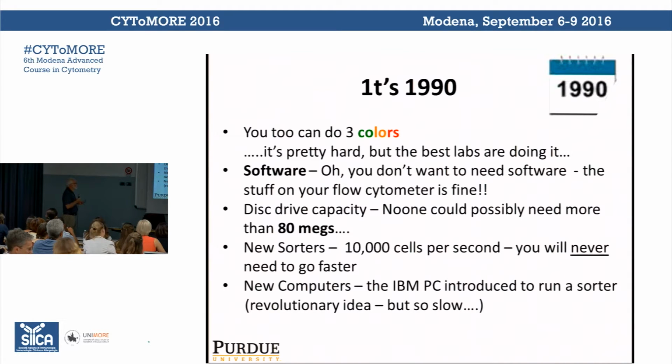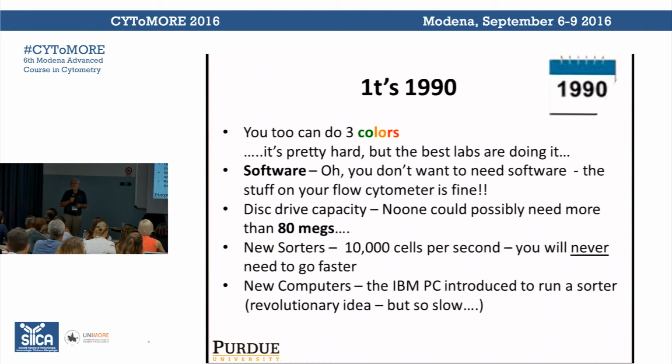You may have been able to do 3 colors, and if you did, it was common to publish a paper saying, I can do 3 colors. Right? Just like Mario publishes papers saying I can do 25 colors or 30 colors. But in the 1990s, 3 colors was serious.